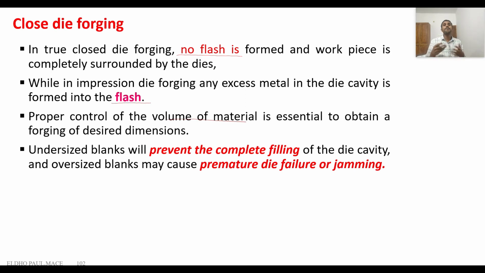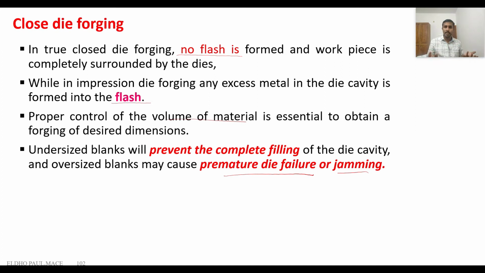And if we give an oversized blank, extra material is provided in the workpiece. What happens? The extra material may cause failure of the die or the final product, or there is a chance of jamming also, because the extra material cannot go outside.